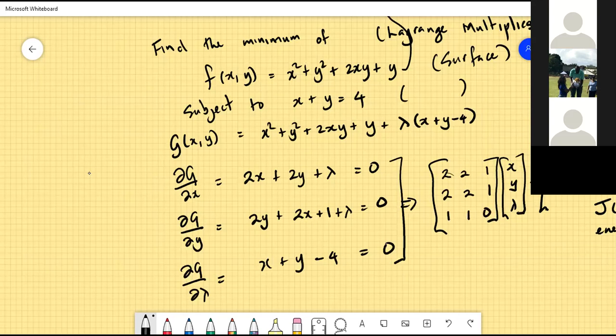There's no lambda in the last equation, which is equal to 4. You carry this over here, minus 1 and 0. So you would solve this.